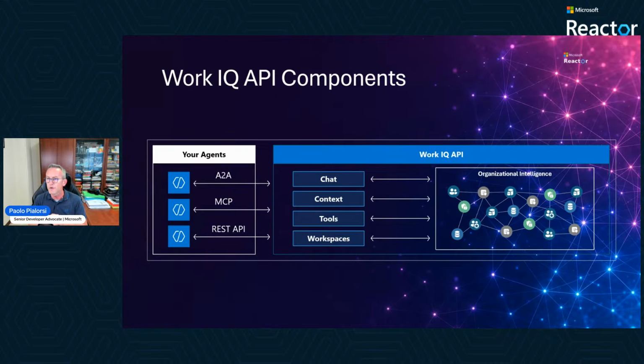So starting from the components, in the architecture of WorkIQ, we have all of the information that we have available through the chat, plus the context of the user, the capability to rely on a set of tools which will improve the quality of the response we can get, as well as workspaces that allow us to manage long-running tasks and requests to WorkIQ, which can span across multiple interactions and multiple sessions within the same conversation with WorkIQ.